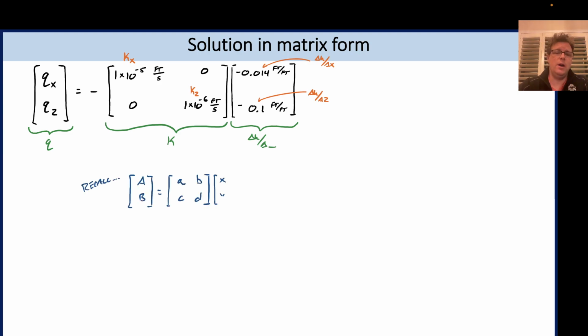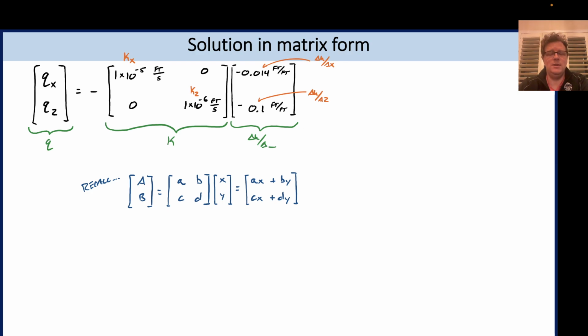So just a friendly reminder, if you haven't been doing matrix math for a while, what we've just set up here is a matrix that looks like what I've shown here in blue: capital A and B equal that matrix of tensors A, B, C, D multiplied by the forcing function there, x and y. Now the way that multiplication of matrices works, you might remember, is rows times columns plus rows times columns.